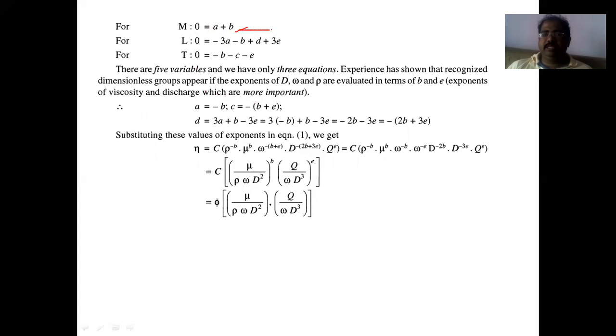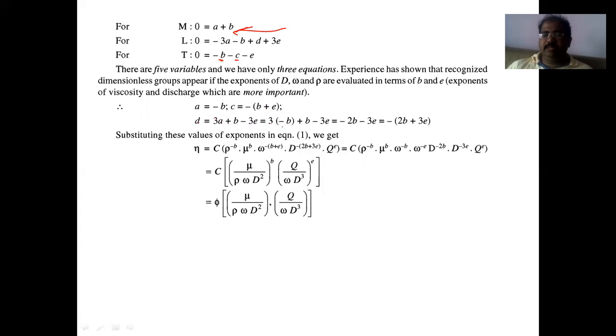So we get a in terms of b, so a is equal to minus b. Here we find the next terms: c is equal to minus b minus e, and d is equal to minus 3a plus b minus 3e.